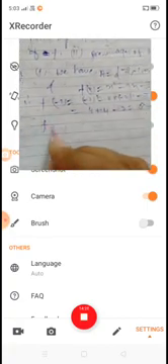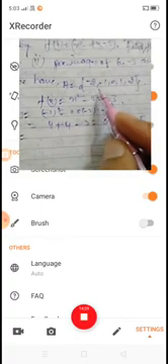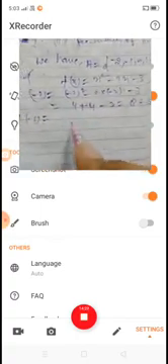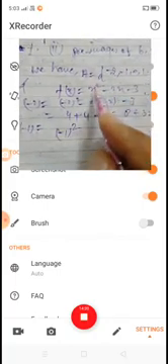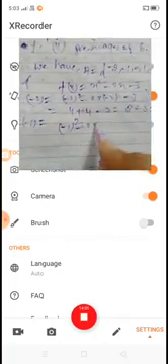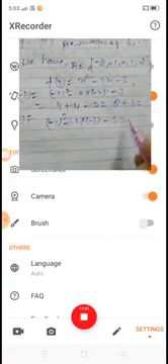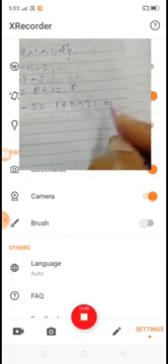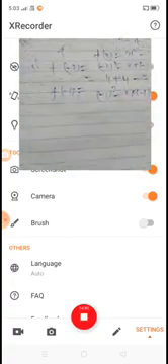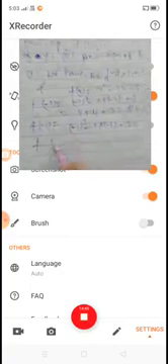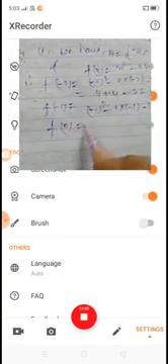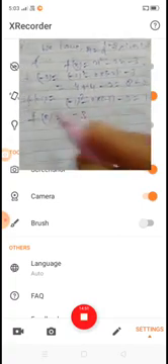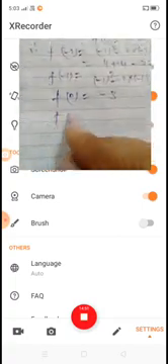Okay, f of -1. We put x is equal to -1: -1 square, -2 into -1 minus 3, is equal to 1 plus 2 minus 3, which is 0. And we put 0, the value of f of 0 is -3.